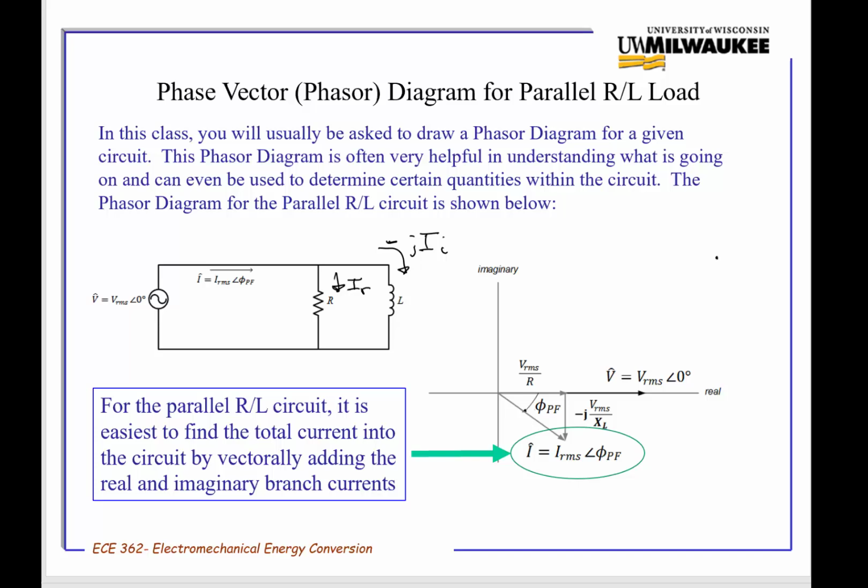So let's analyze what's going on here. We're going to use a phasor diagram to do this analysis. Phasor diagrams are something we will use in this class that will be very helpful in checking the math of our phasor math when we solve a difficult problem.